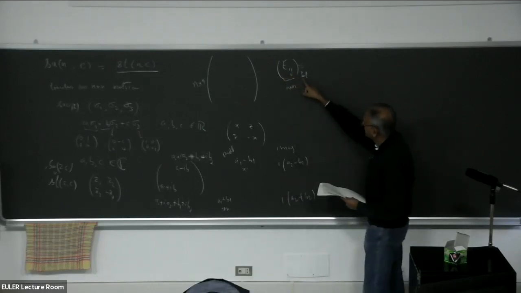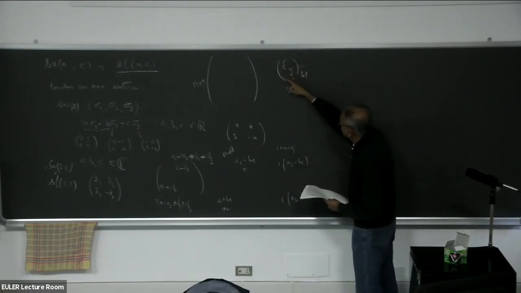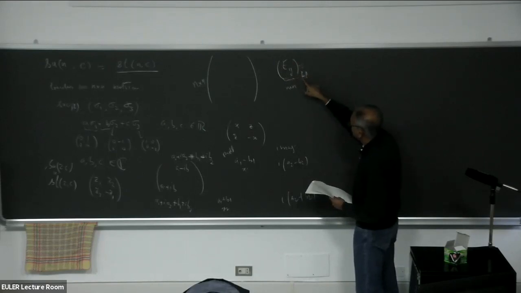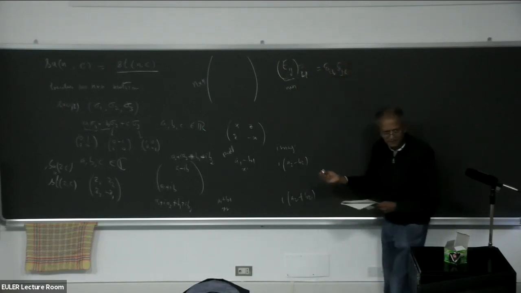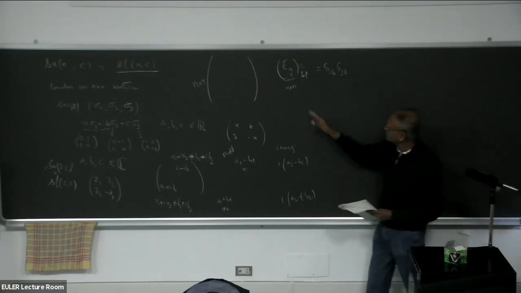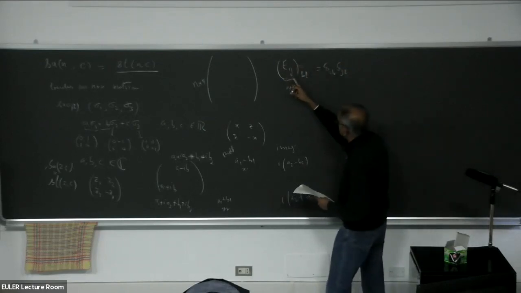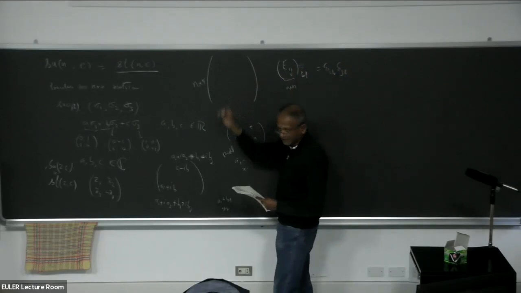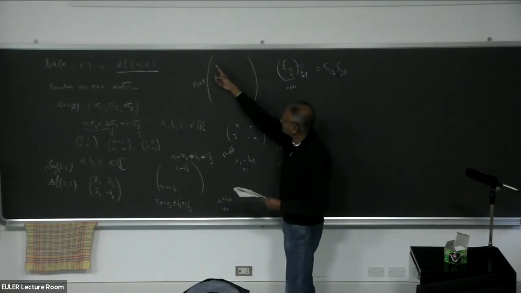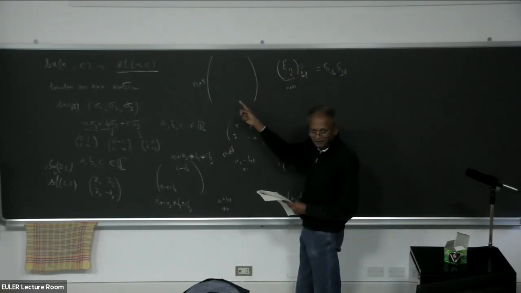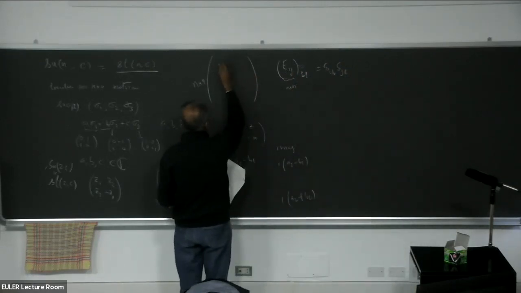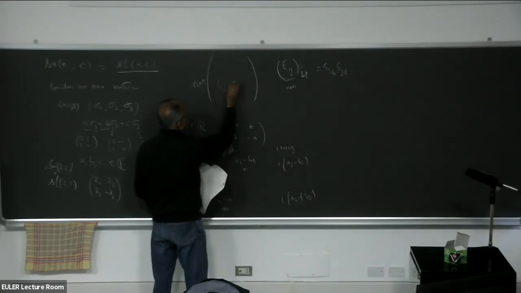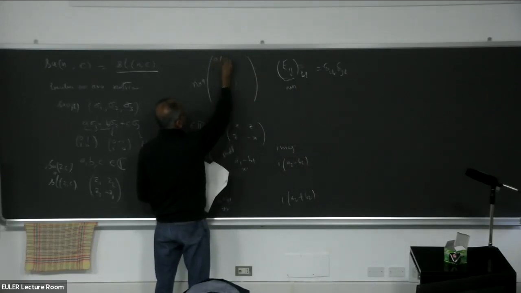And now if you look at the entry in the kth row and lth column, it is just delta ik, delta jl. That is the way we define it. So this will be a basis for an arbitrary n by n matrix. But now we have to impose the traceless condition. So the only condition is on the diagonal; off-diagonal terms are completely arbitrary. I can just choose everything else 0, for example, this.